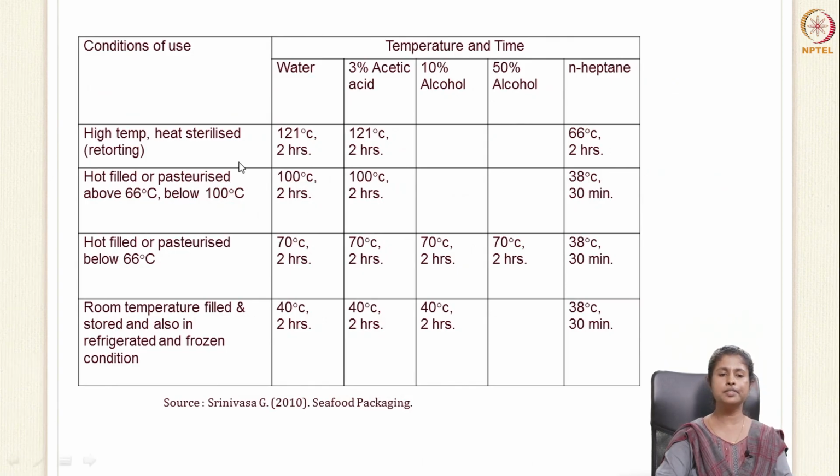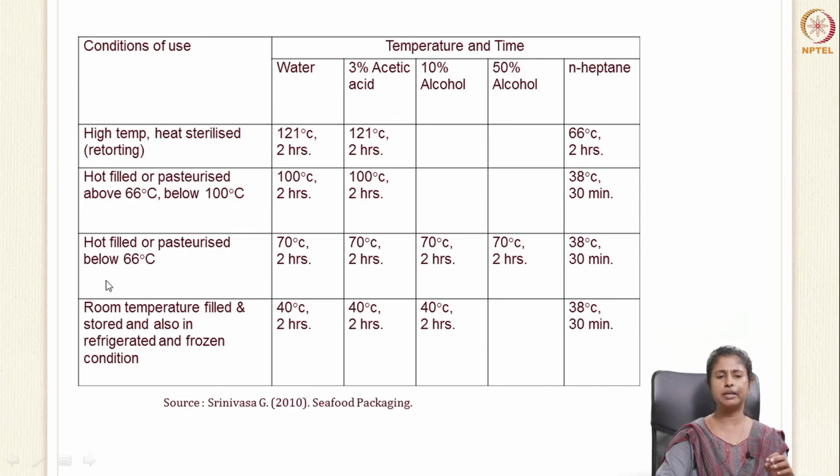As per the source, these are some of the conditions that you use at different temperatures. For example, suppose you have real food, you use high temperature and heat sterilization. If it's water based, you use 121 degrees for 2 hours. If acidic, use 3% acetic acid, 121 for 2 hours again. If it's a high fat food, you can use N-heptane, 66 degrees for 2 hours.